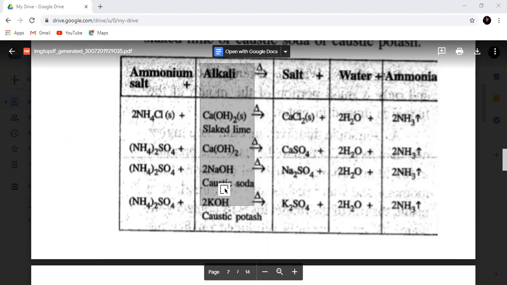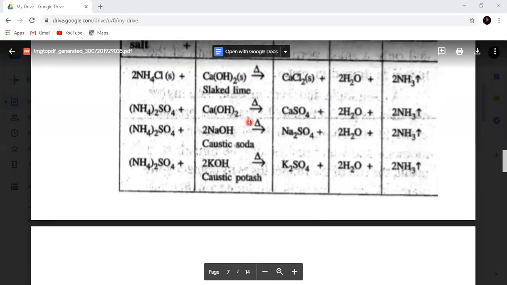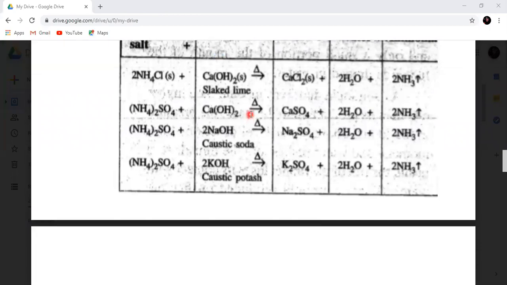When these are treated and heating is going on, there will be formation of a salt with water and ammonia gas. This ammonia gas has a peculiar odor, a pungent smell, and we can identify very easily that ammonia is present. Students, these are the general methods of preparation in your syllabus. You have to write all these directions and learn them thoroughly.